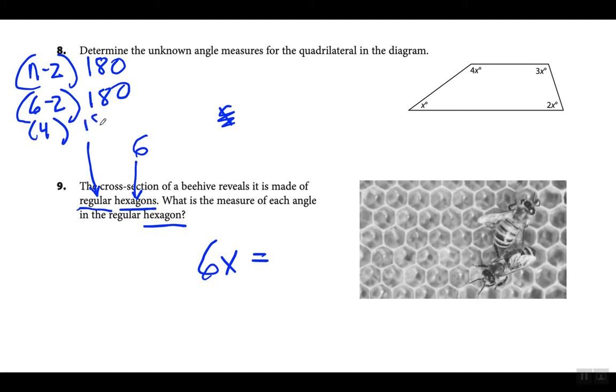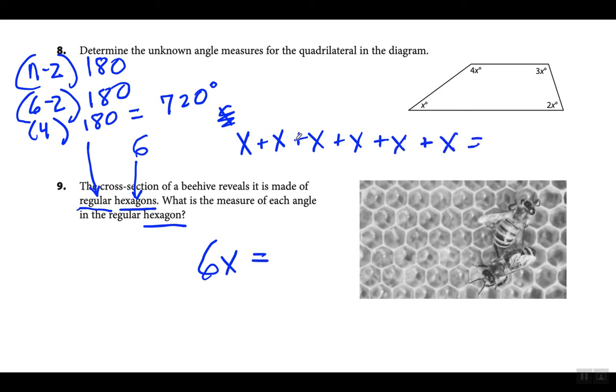La suma de todos los ángulos en un hexágono me tiene que dar siempre 720. So that means if they all measure the same, I'm doing it the slow way for the people that maybe don't see what I'm talking about. If I add up all 6 angles in a hexagon, it's got to equal 720.